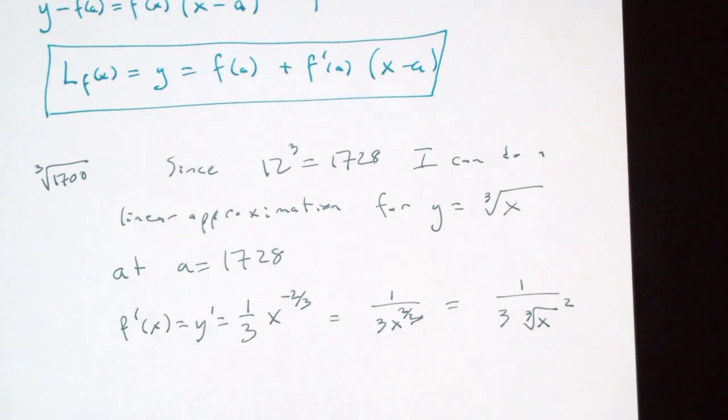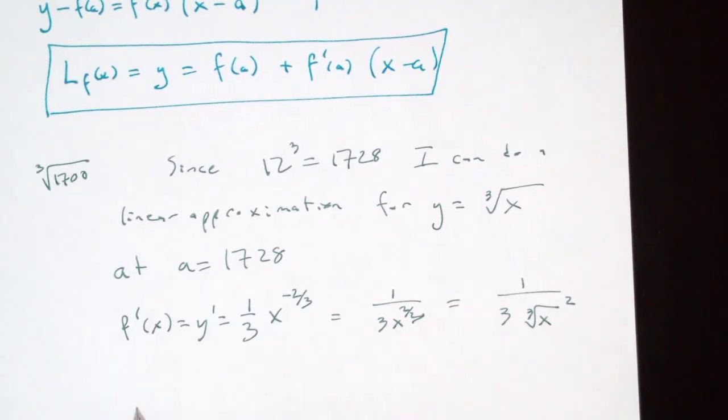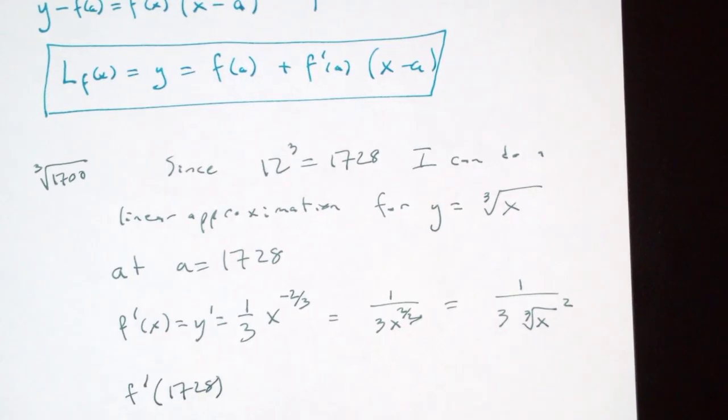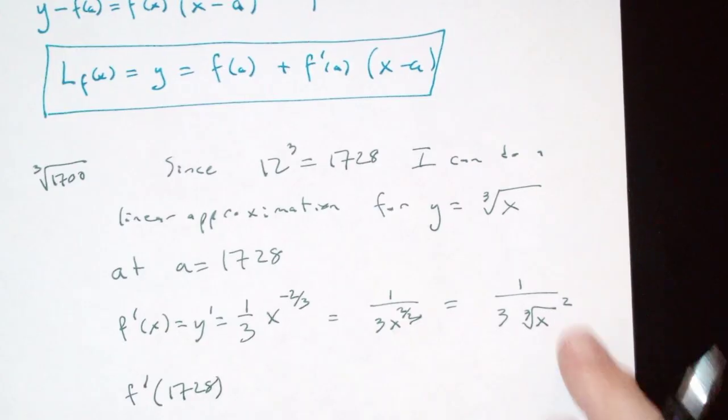I put the square on the outside, not the inside. I could put it in either place. I promise there's a reason for that. Because what I want to do is plug in 1728. What's the cube root of 1728? So that's what's going to go here, squared.